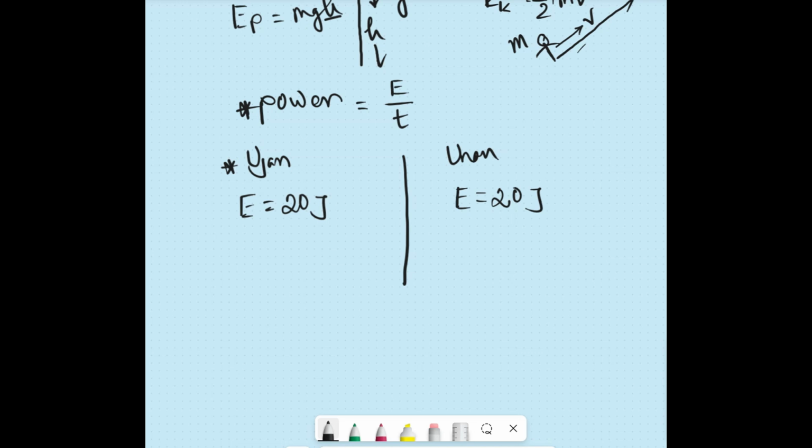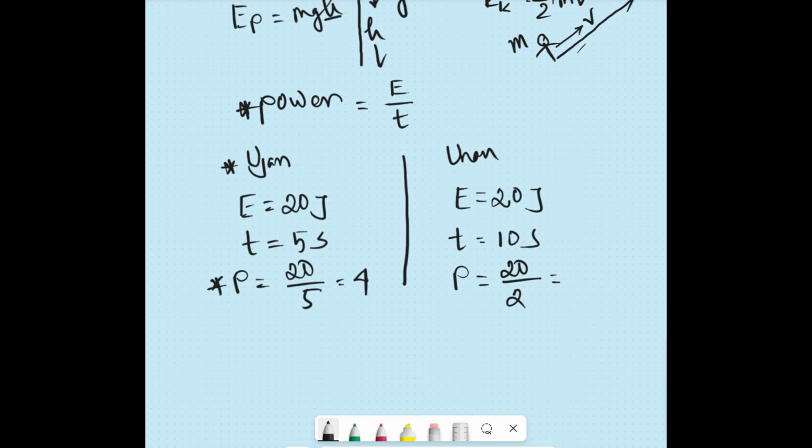But you complete a task in 5 seconds, but your brother can complete that work in 10 seconds. So whose power is more? Let's try. P is equal to 20 over 5, so it will be 4, and here P is equal to 20 over 10, so it will be 2.